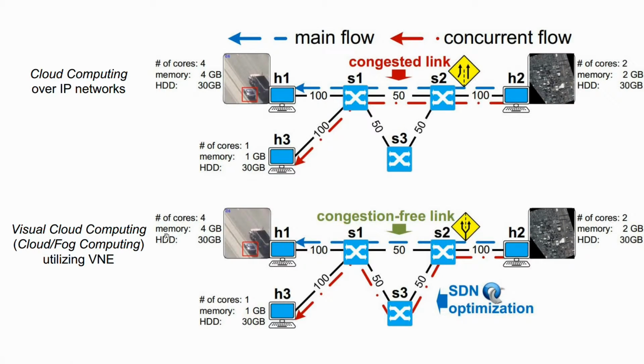Now let's do the actual experiment with the Visual Cloud Computing scenario. To do so, we're going to again transfer our raw images from host 2 to host 3, but now we will also launch our local processing at this host 2, meaning we are doing this pre-processing in the fork.